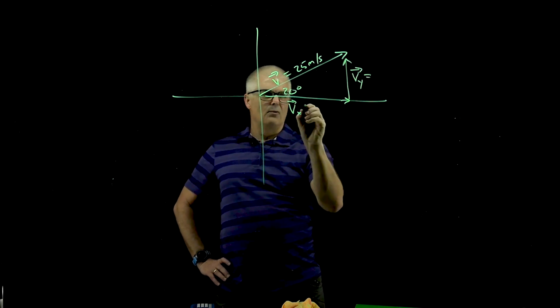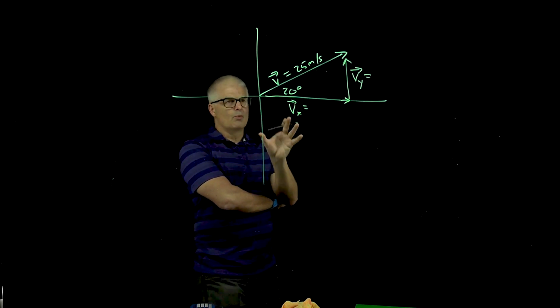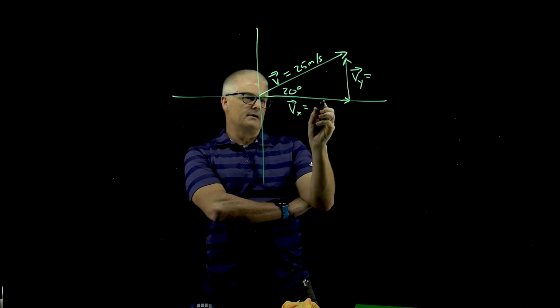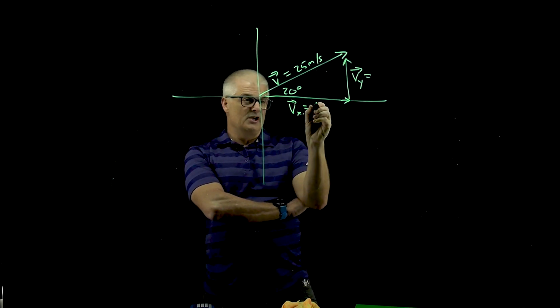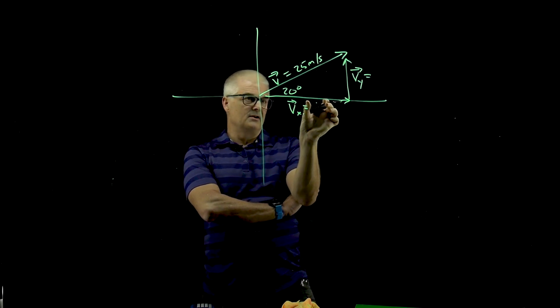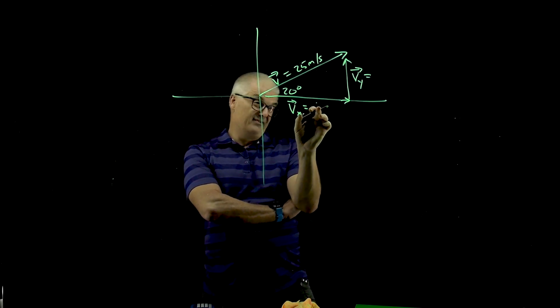But we want to figure out what those numbers are, so we have to use trigonometry. So let's do x. This is the adjacent, and I know the hypotenuse is 25, and the adjacent number we want to figure out.